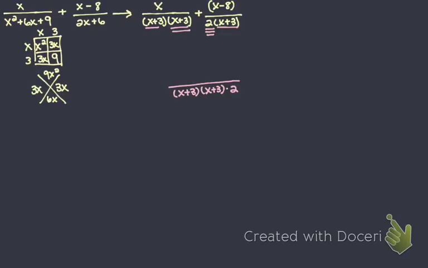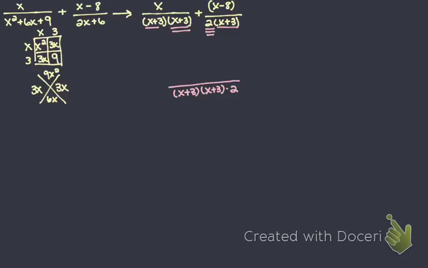The next step in this process needs to be getting my denominators to be the same, or getting them to be that common denominator. If I look at the first rational expression, it has x plus 3 times x plus 3. So what it's missing from my common denominator is the 2. So I need to multiply by what it's missing. The problem is I can't change the value. So if I multiply the denominator by 2, I need to also multiply the numerator by 2, really multiplying by a giant 1 and then not changing its value at all.